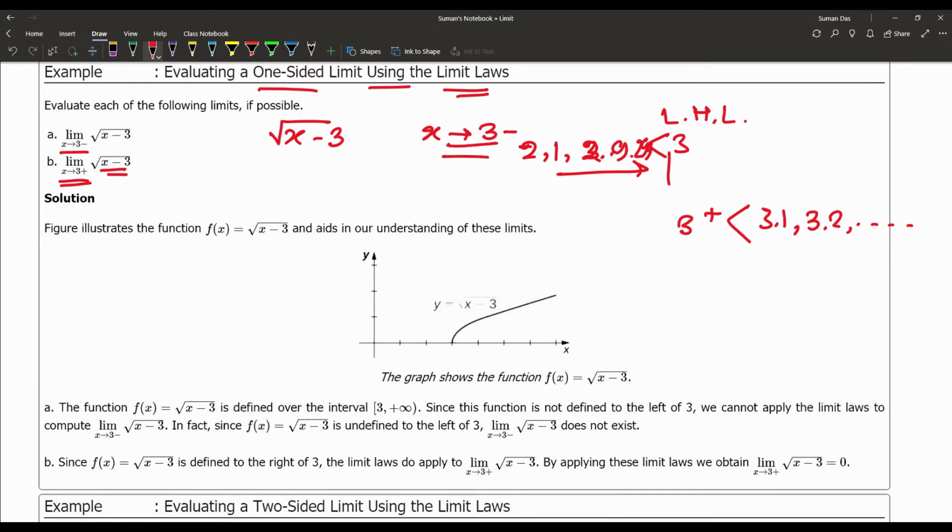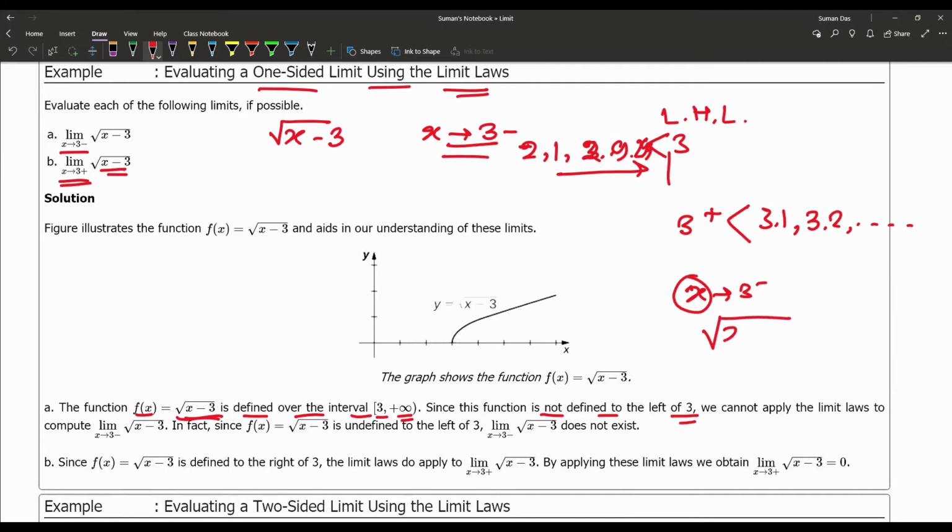So what is going on for 3 minus? When we are trying to find the value of the function f(x), the square root of x minus 3, it is defined over the interval 3 to plus infinity. Since the function is not defined to the left of 3, for x tending to 3 minus, whichever value x has is less than 3.